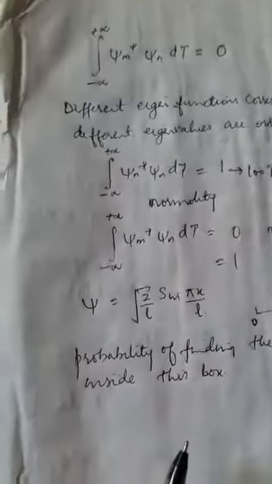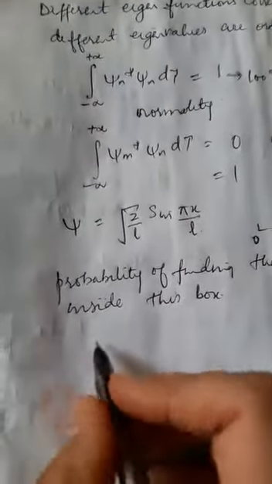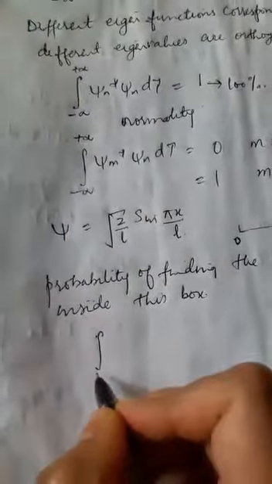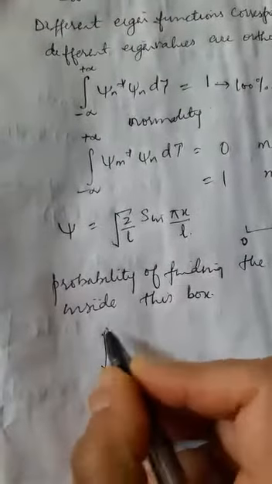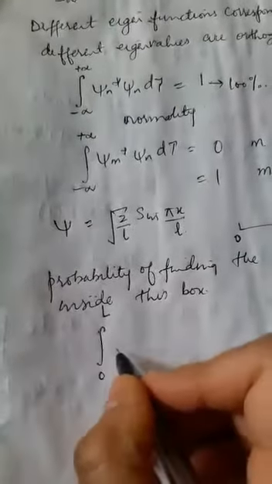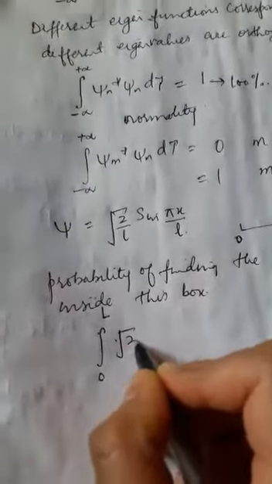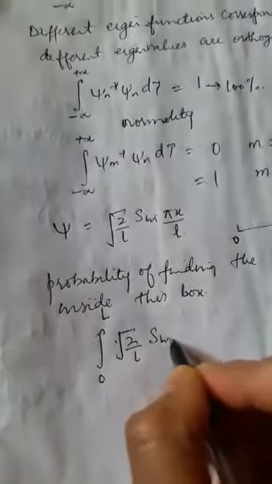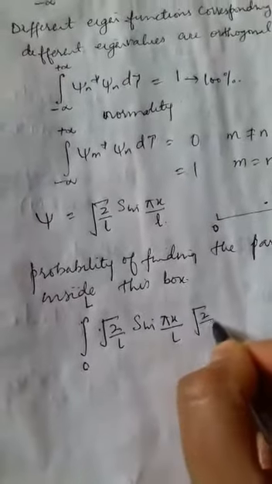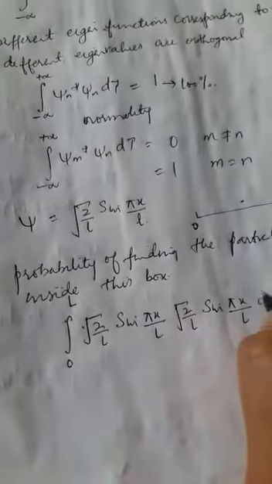So we'll write it as the integral, of course the limits will go from 0 to L, right? Under root 2 by L sine of pi x by L. Again we'll write under root 2 by L sine of pi x by L dx.